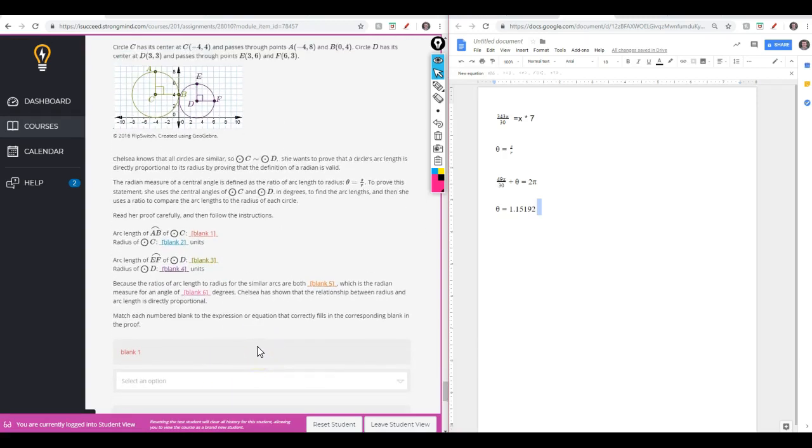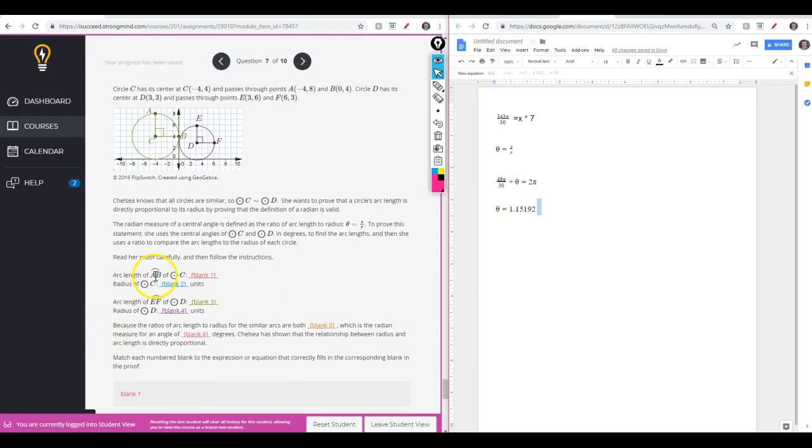Well, if we're looking at this, we know the arc length of arc AB is going to be... I'm curious if they want it in radians or in degrees.